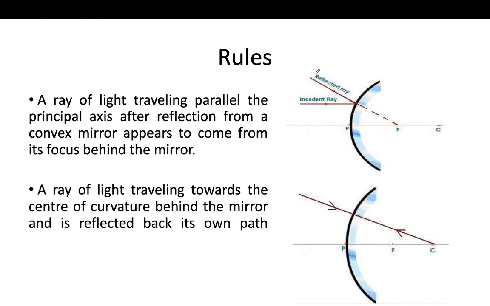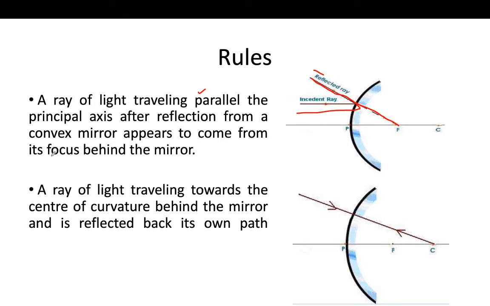See, a ray of light traveling parallel to the principal axis appears to come from its focus behind the mirror. So here it comes reflected, and this reflection appears to come from the focus behind the mirror.